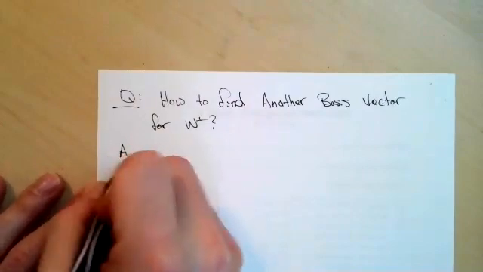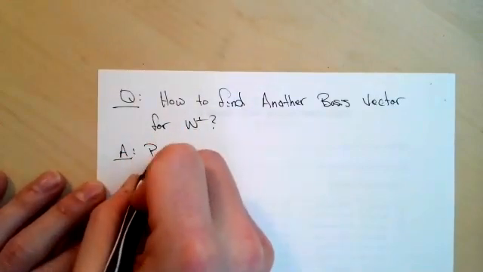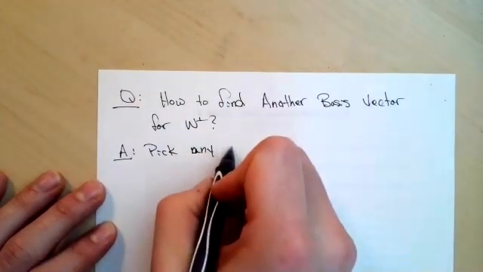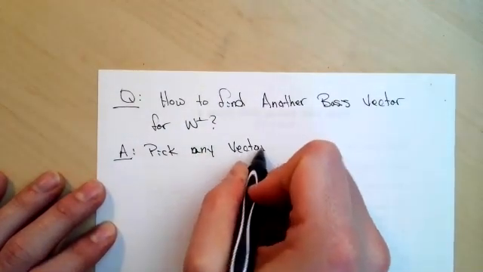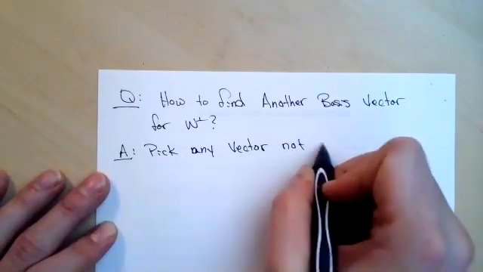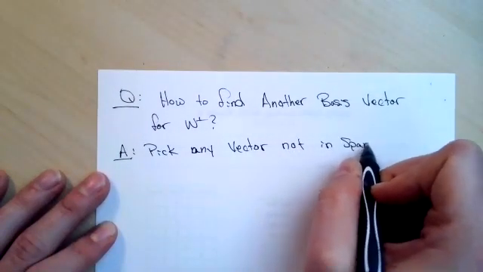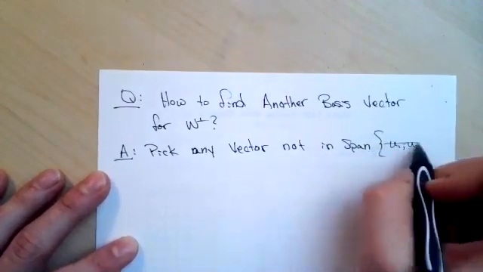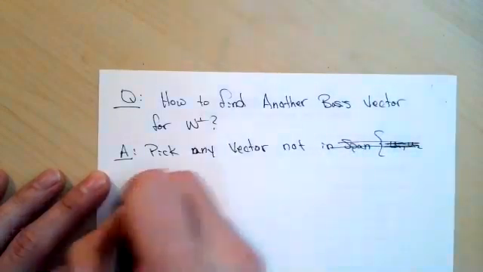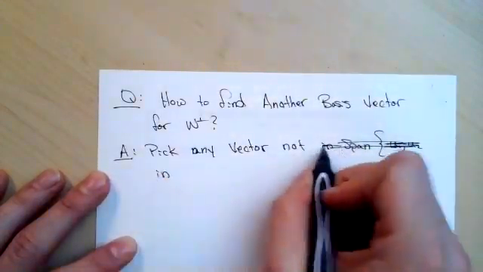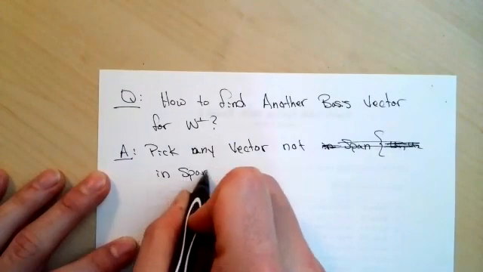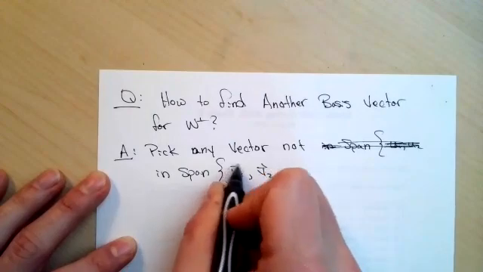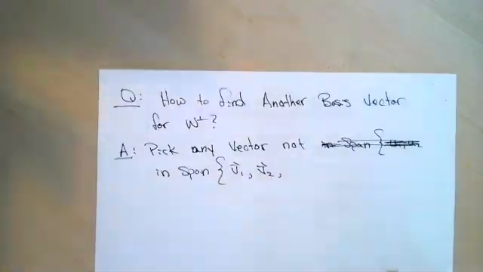The answer is pick any vector not in the span of V1, V2, and actually, sorry, let's rename this.